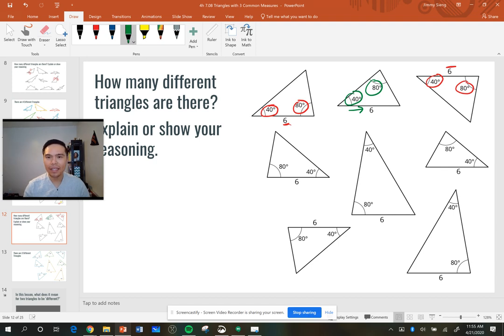All right, looking at this, I can kind of see, okay, well, I have an angle there, and I have an angle, and then there's a 6 on that side as well. Okay, noticing how the angles are on one side, and then the side length of a 6 is on the other side of it. So those triangles are probably the same to each other, okay?